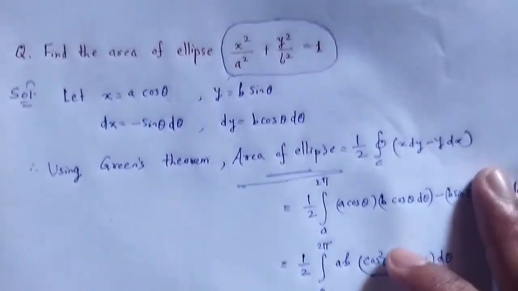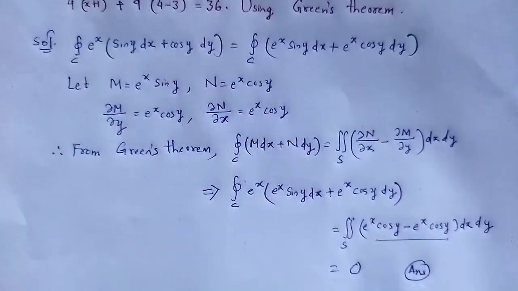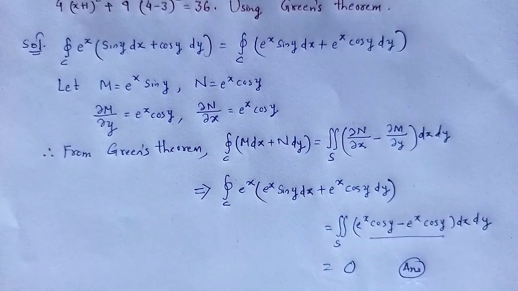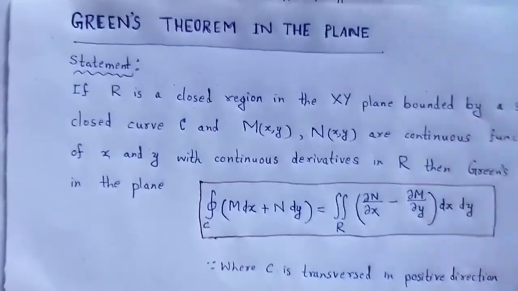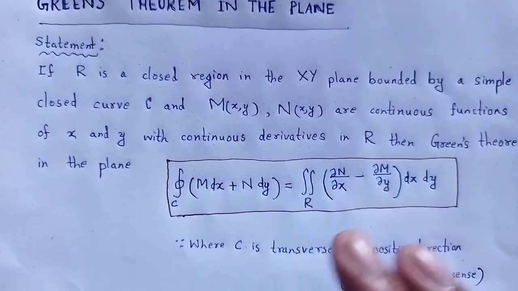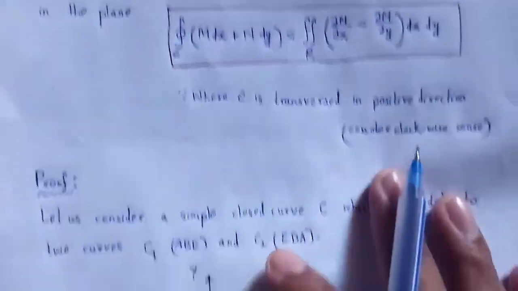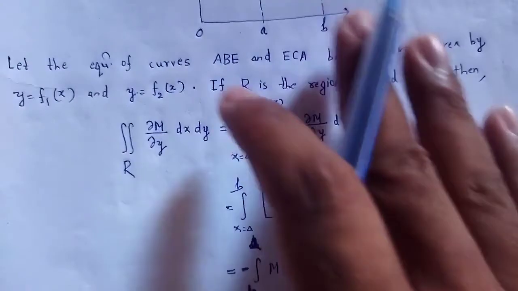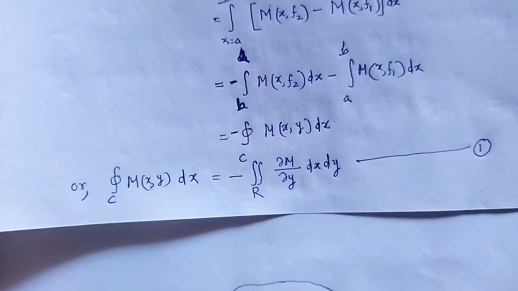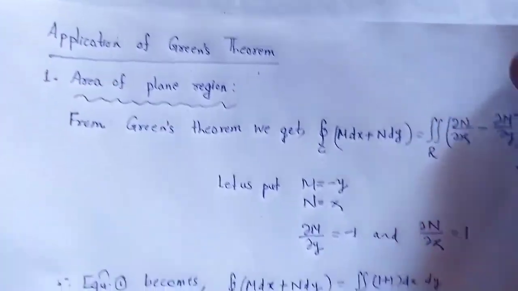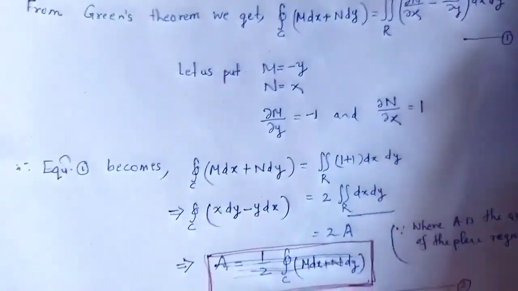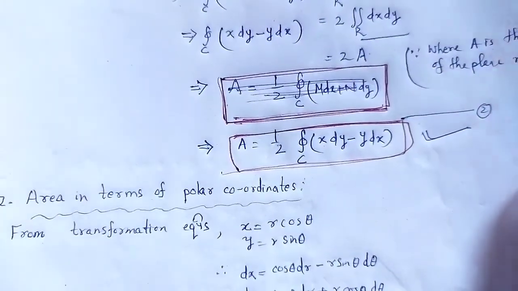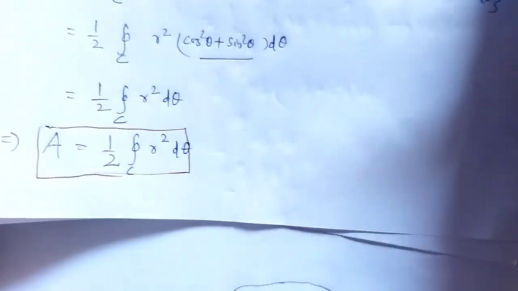So, with the help of this video lecture, we understand so many concepts. The concepts are Green's theorem in the plane, the statement of the theorem, and the proof of the theorem. And two applications of Green's theorem: the area of a plane region and also the area in terms of polar coordinates.